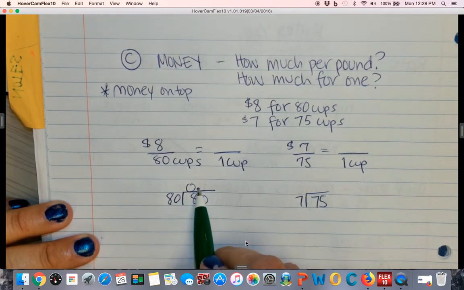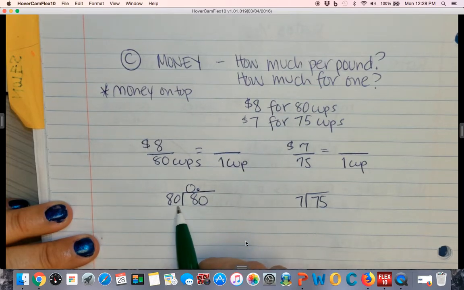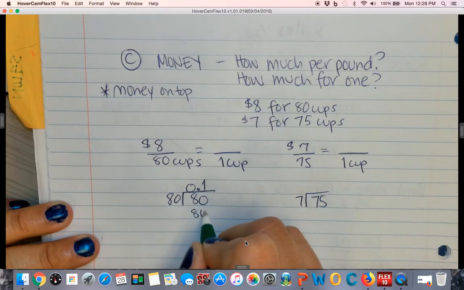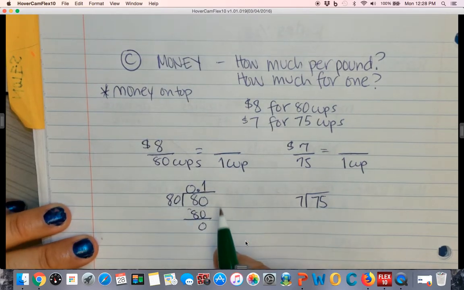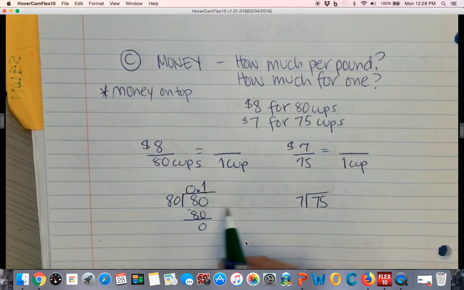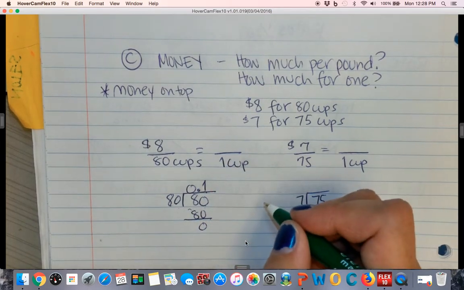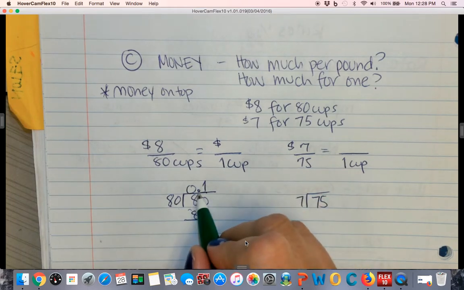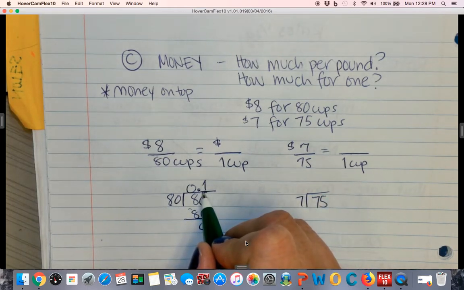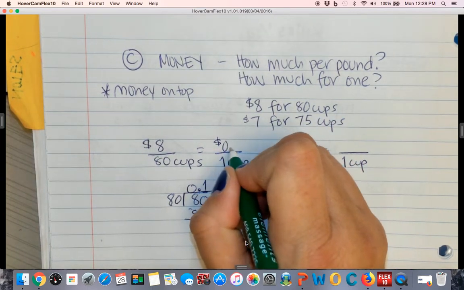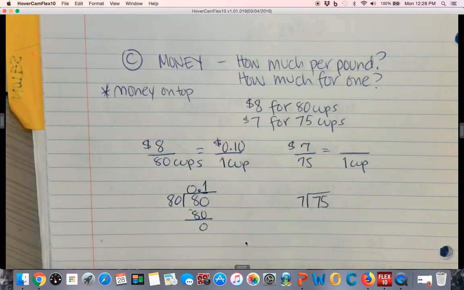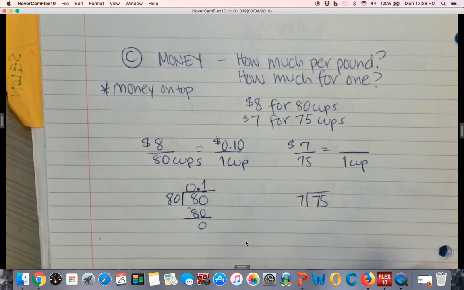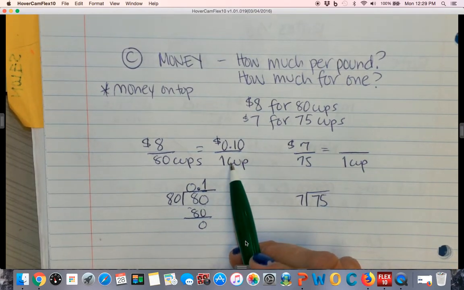Now that I've added my decimal and my 0, 80 does go into 80 one time. And that 1 represents an amount of money. And it's not 1 cent. Remember, it's in the tenths place. So it represents 10 cents. So 10 cents a cup.